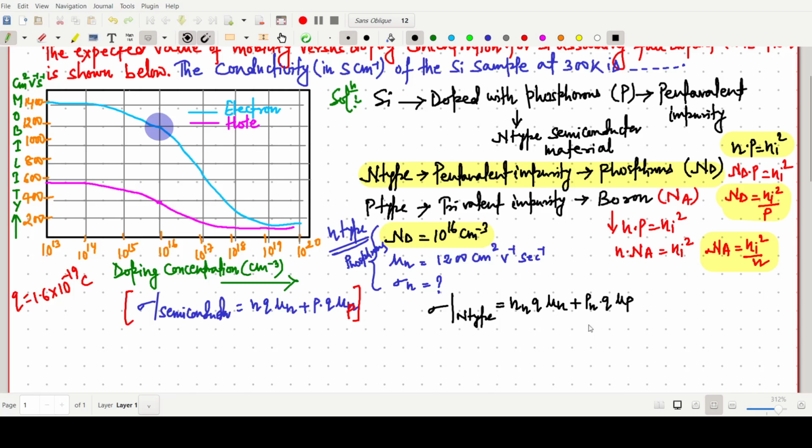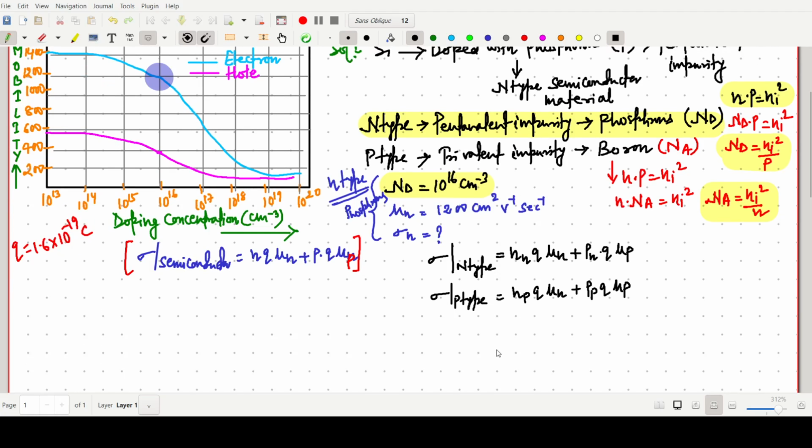This one is the expression for n-type. For the p-type, we simply write the suffix as n of p, p of p. I am also writing this because the problem is very simple, but we have to know the basics. So n of p q mu n plus p of p q mu p. This one is for n type, this one for the p type.